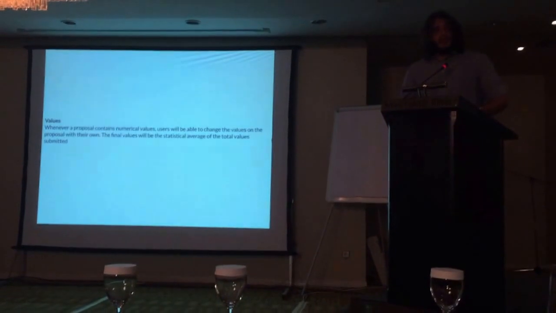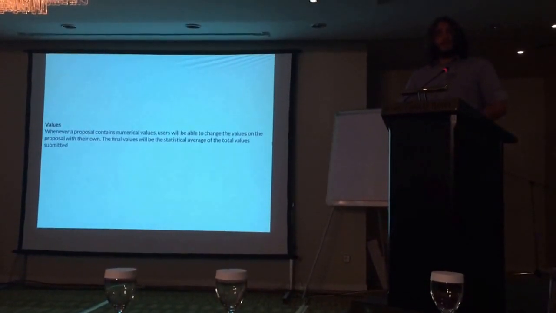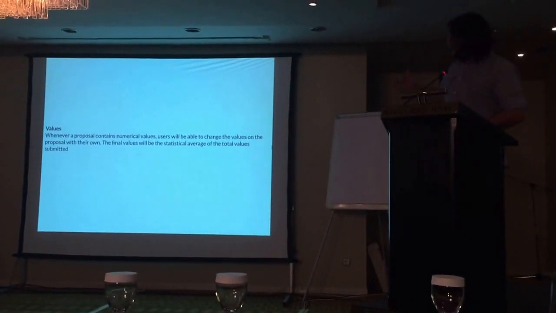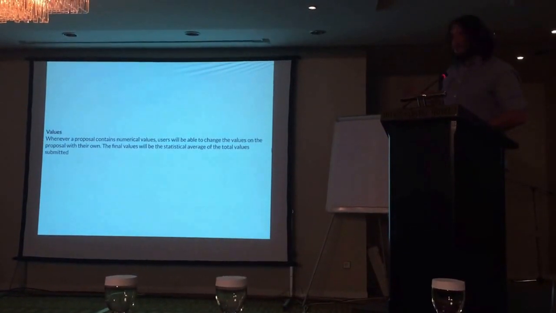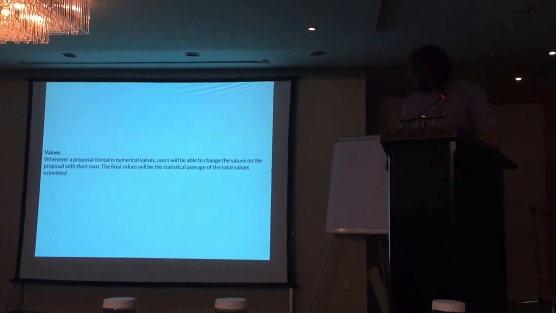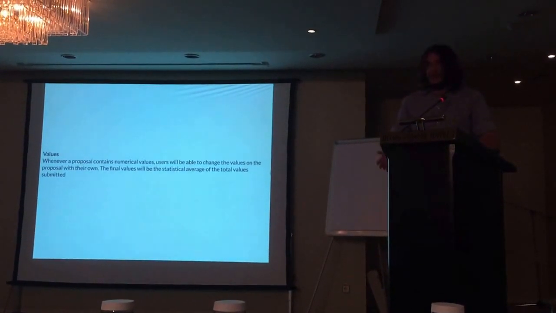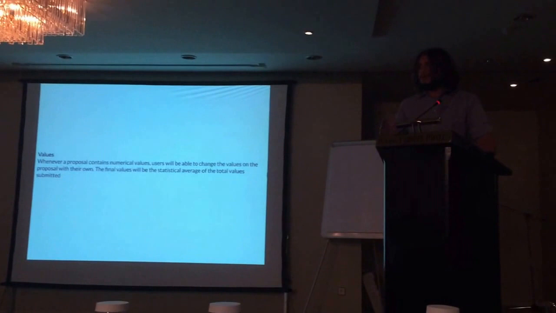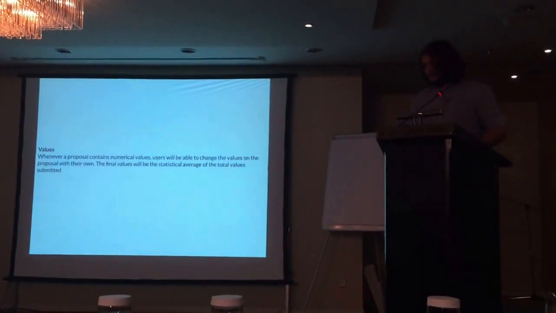Whenever a proposal has values, the user won't have to create a new proposal with different values, but he will just be able to change the numerical values, let's say a tax level, inside the proposal. And after some time, the average of all the values will be generated to satisfy the majority.